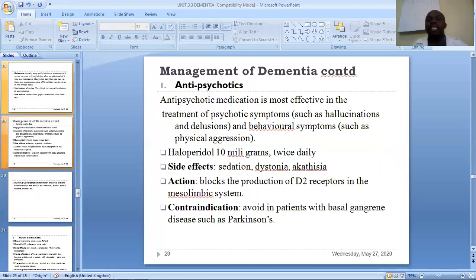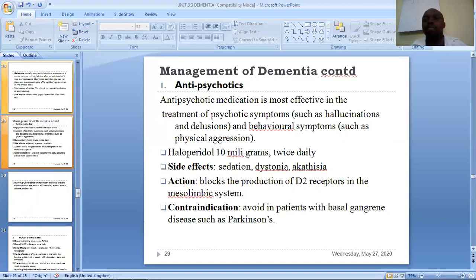Sometimes if the patient has developed hallucinations, delusions, and some physical aggression, you can use antipsychotics. That's why I've said the management of a patient with dementia depends on the condition of the patient. So when the patient is aggressive, has developed hallucinations, delusions, we can use antipsychotics.